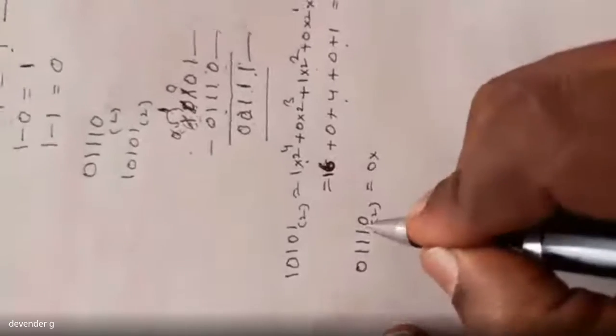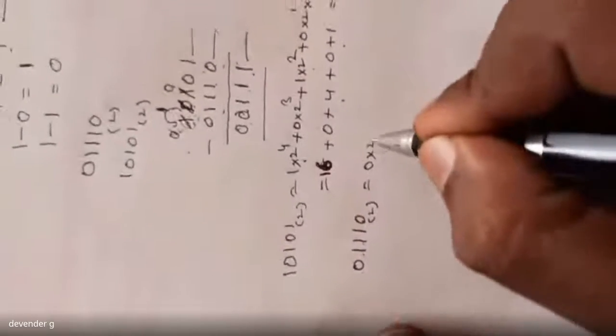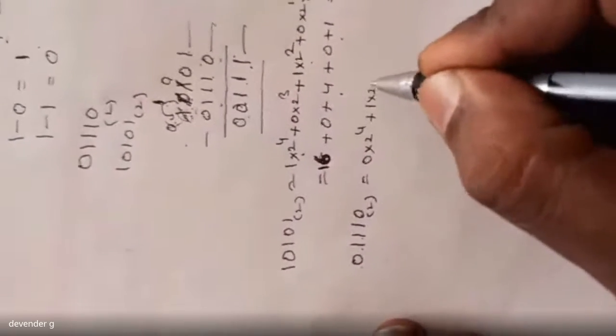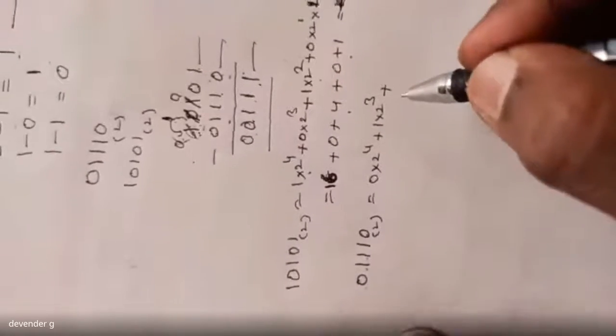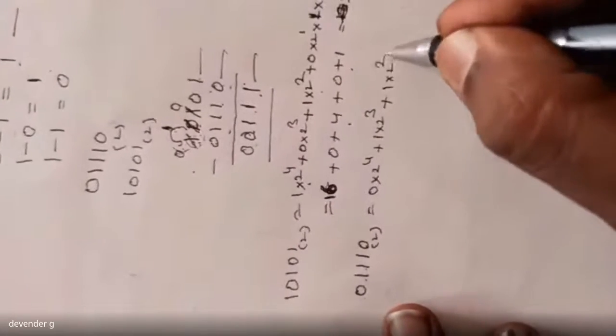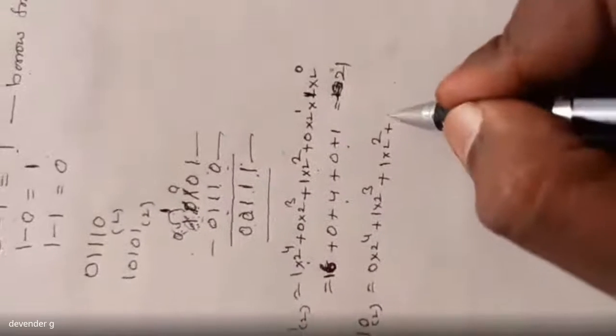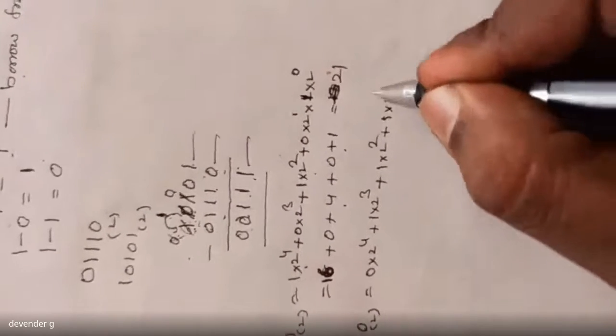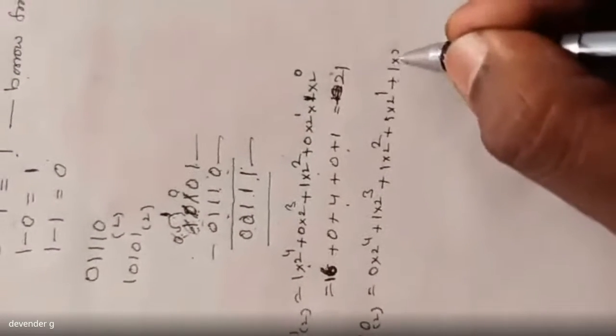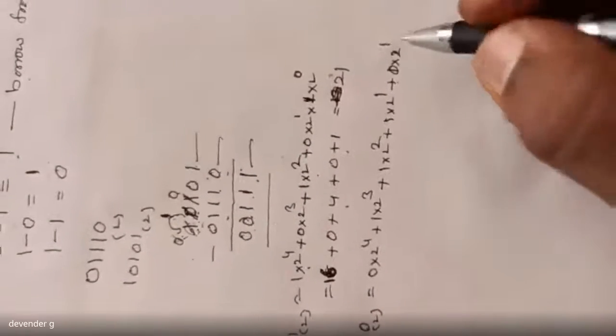0 into 2 to the power of 4, 1 into 2 to the power of 3 plus 1 into 2 to the power of 2 plus 1 into 2 to the power of 1 plus 0 into 2 to the power of 0.